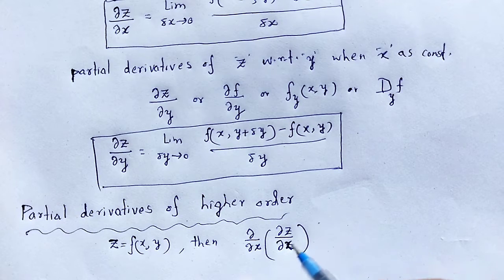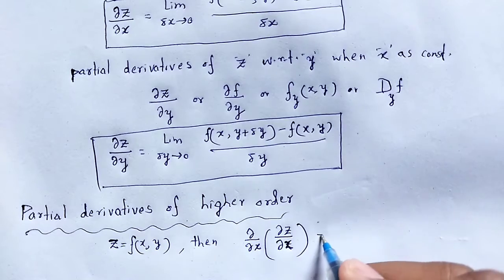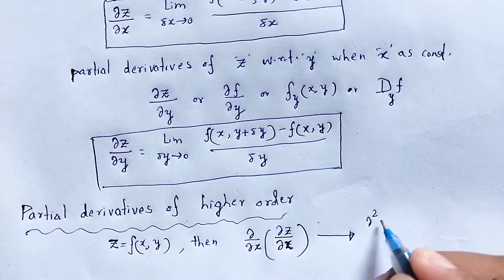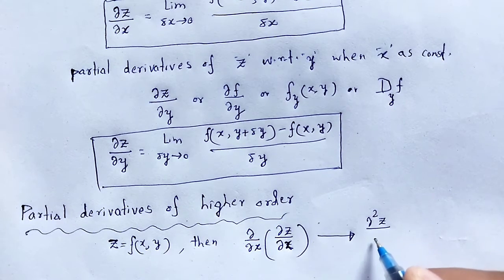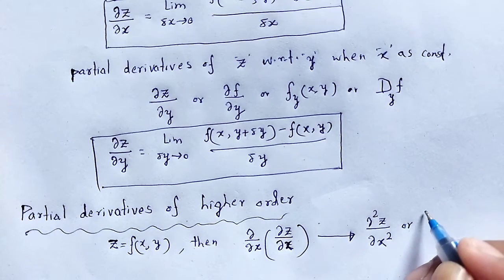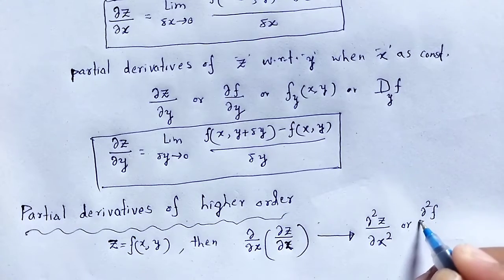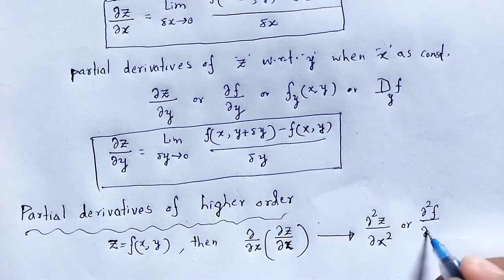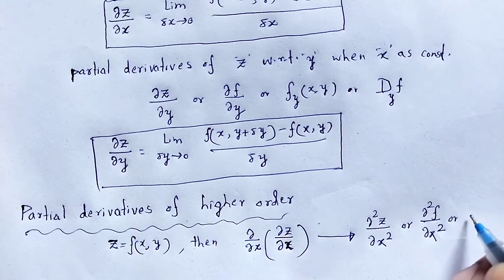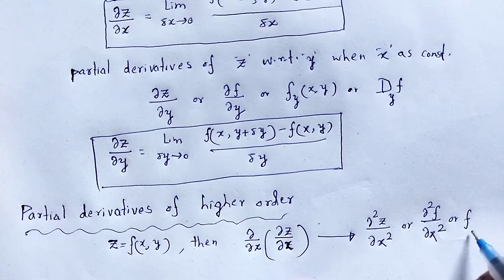Again differentiate this with respect to x, that becomes, we represent this as del square z divided by del x square, or we can also write del square f by del x square, or f x x.